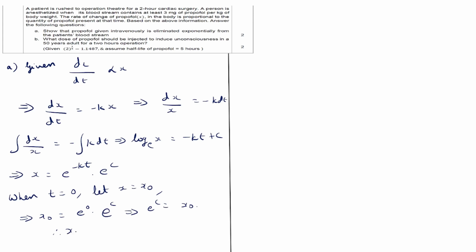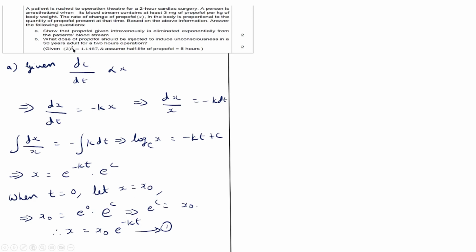Therefore, the required model is x equal to x naught into e raised to minus kt. This is the answer for the first subdivision. Here they have asked us to show that propofol given intravenously is eliminated exponentially from the patient's bloodstream.